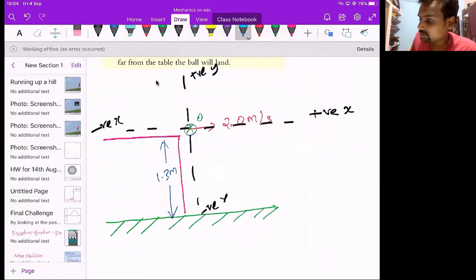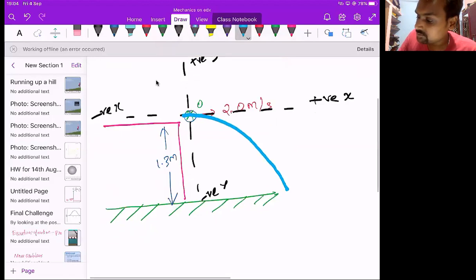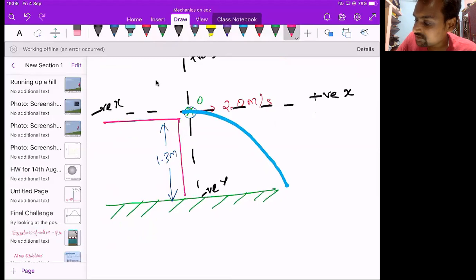So it's actually going to travel like this. Remember the video which we recorded? That's how it's going to travel. So basically, the question is asking for this distance, which I'm going to represent by the symbol SH. S representing distance here and H representing the horizontal direction, right?